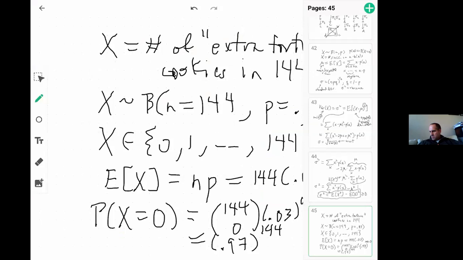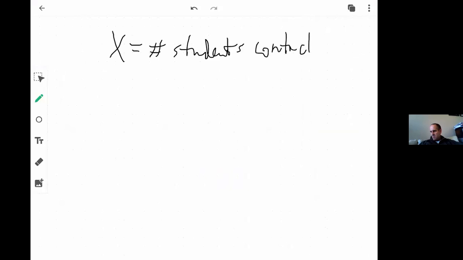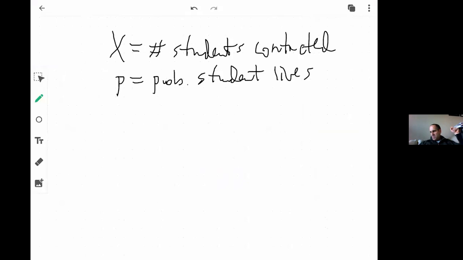Okay, so what am I doing here? X is going to be equal to the number of students contacted. P is equal to the probability that a student lives within 5 miles of you, and that was given to us to be 0.05.